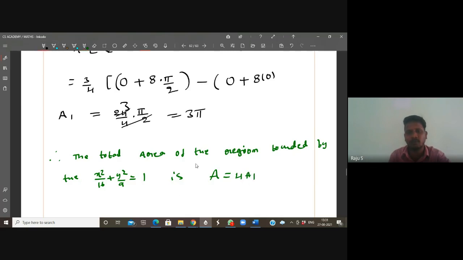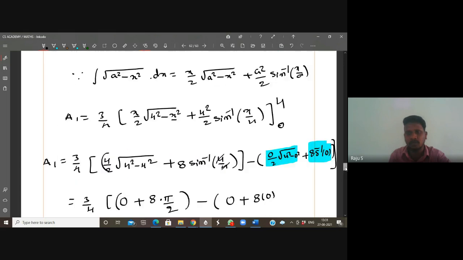So what is capital A? Capital A is the required total area, 4 times of 3 pi, that is equal to 12 pi.